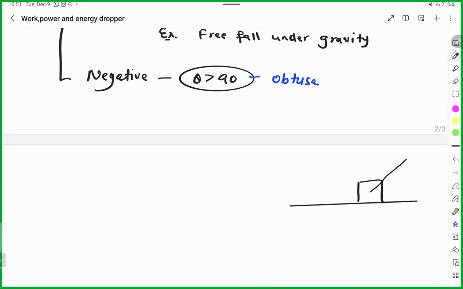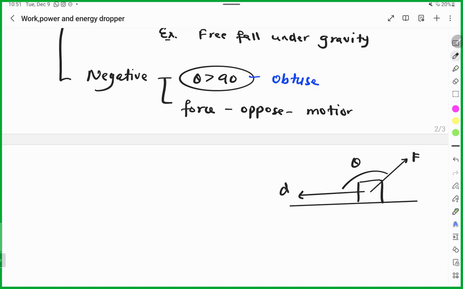If you are applying force in this direction, but displacement is happening in this direction, the angle between them is more than 90, so it will be negative work done. In that case, the direction of force is opposite to the displacement. Force opposes motion.